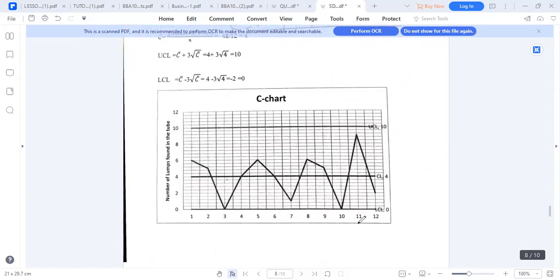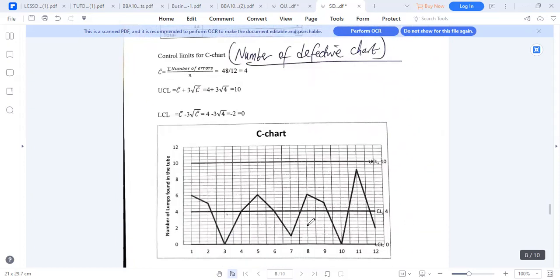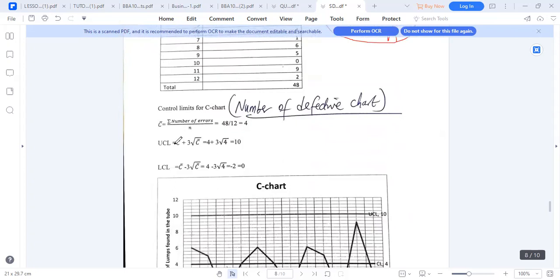We check that this is in control because the points are within the upper control limit. C bar is 4. Then this is the upper control limit, and the other one is the lower control limit.